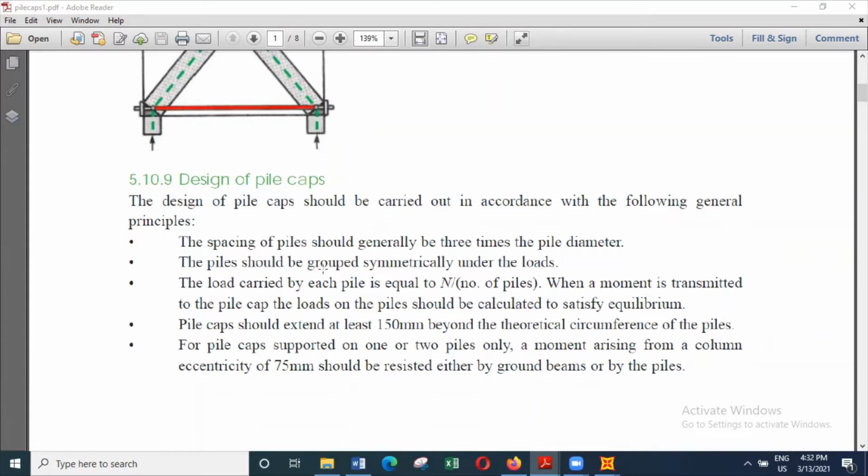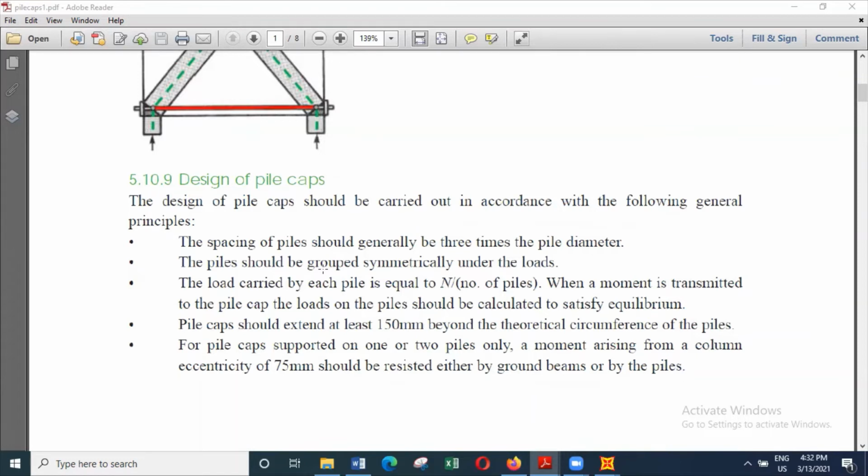So what's given here is whatever guidelines they have given, and generally it's recommended to have piles at 3 times the pile diameter. And you'll ask what is the reason. The reason is, when you do a pile with socketing, after a while, you will do another pile next to it.